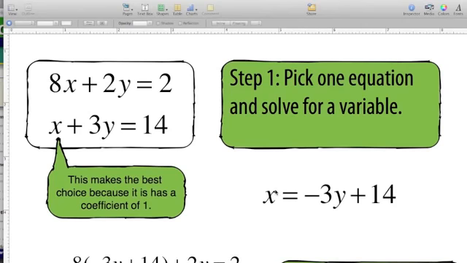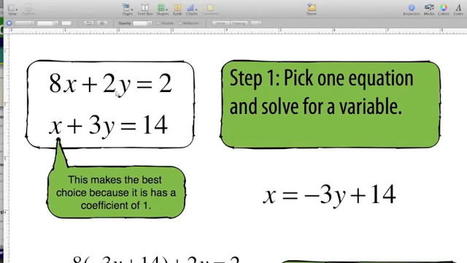Now that I have something that's equal to x, I'm going to take the other side. Because this is equal to x, I'm allowed to substitute negative 3y plus 14 in for any x's that I have. So we look at the other equation. You see here we have an 8x and a 2y.